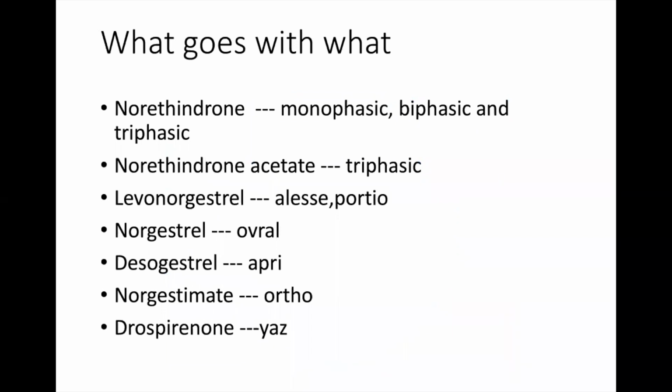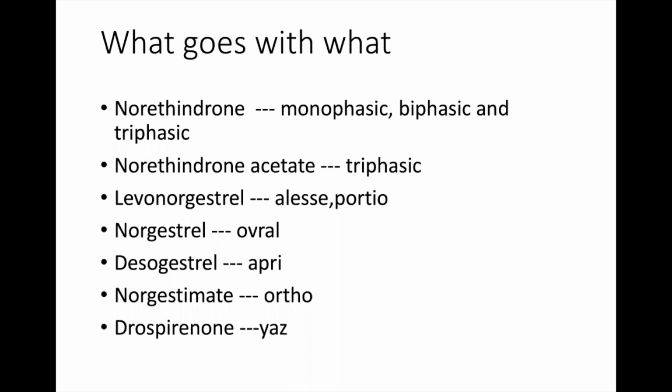In the previous lecture that I gave to the other residents, some people had questions about what's the difference between the monophasic, biphasic, and the triphasic pills. So it all depends on the amount of progesterone to estrogen in the pill. Okay, so in the monophasic the amount of estrogen to progesterone is steady in the entire package.